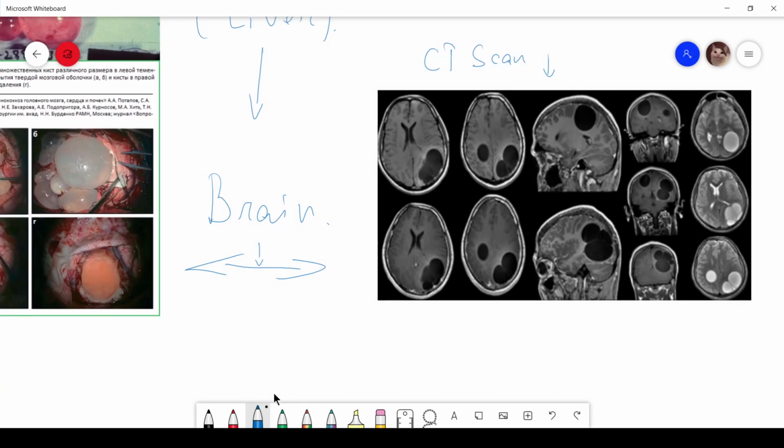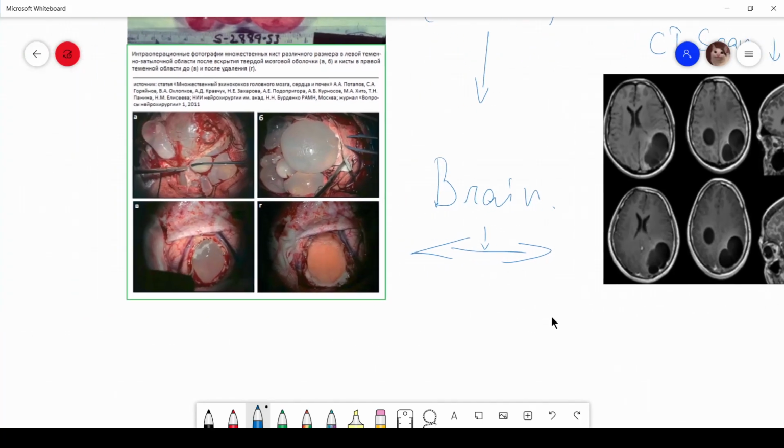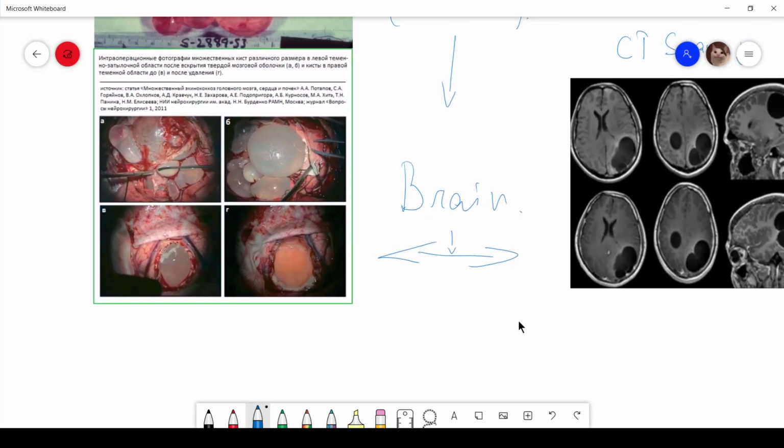For example, that is echinococcosis of the brain, and you can see the CT scan result, and there is a picture. These are photos A, B, C, D from the surgery when the cysts were being removed from the brain.